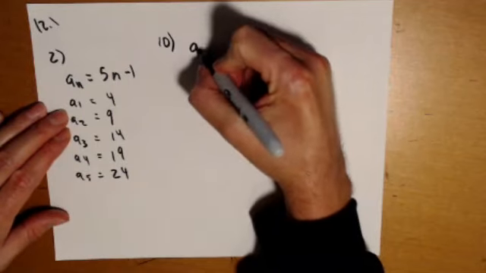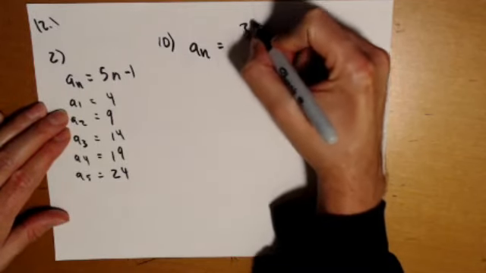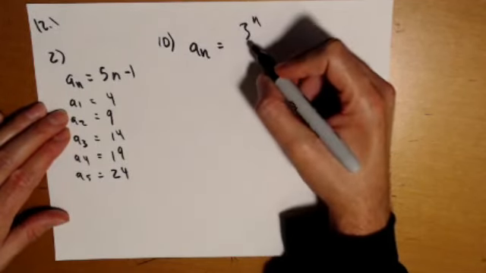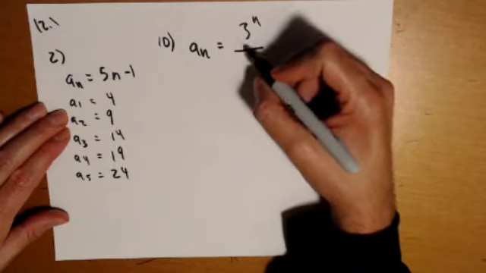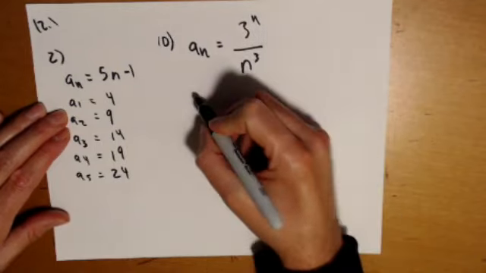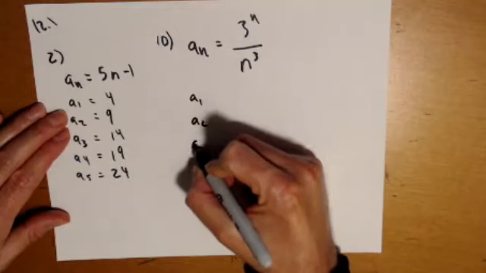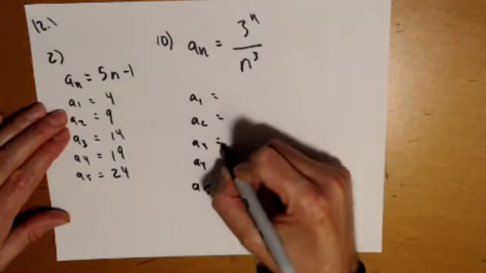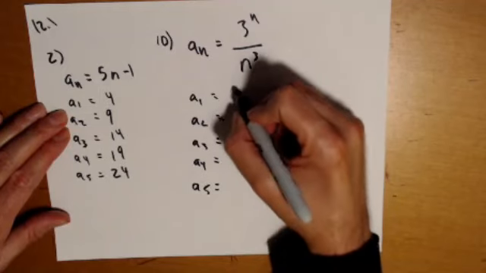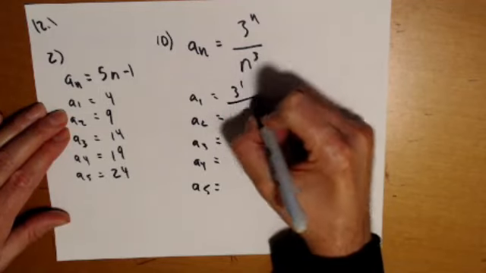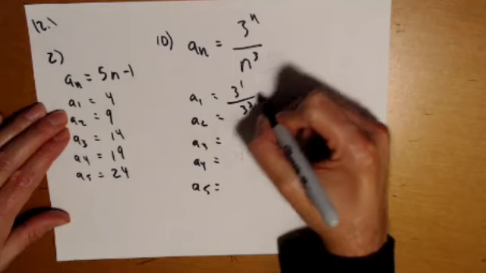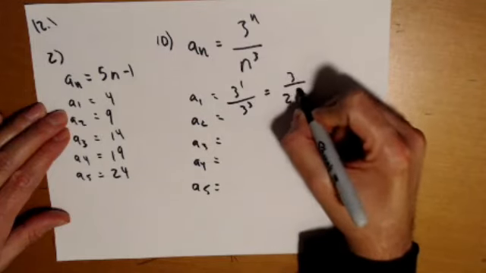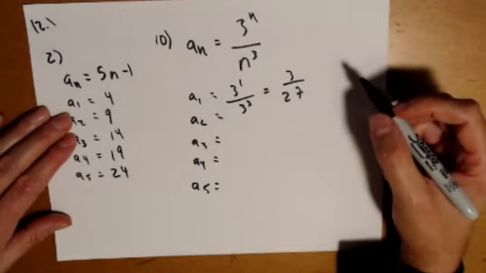So here's number 10. a_n equals 3 to the n over n cubed. A1, a2, a3, a4, a5. So a1 is going to be 3 to the 1 over 3 cubed, which is 3 over 27.